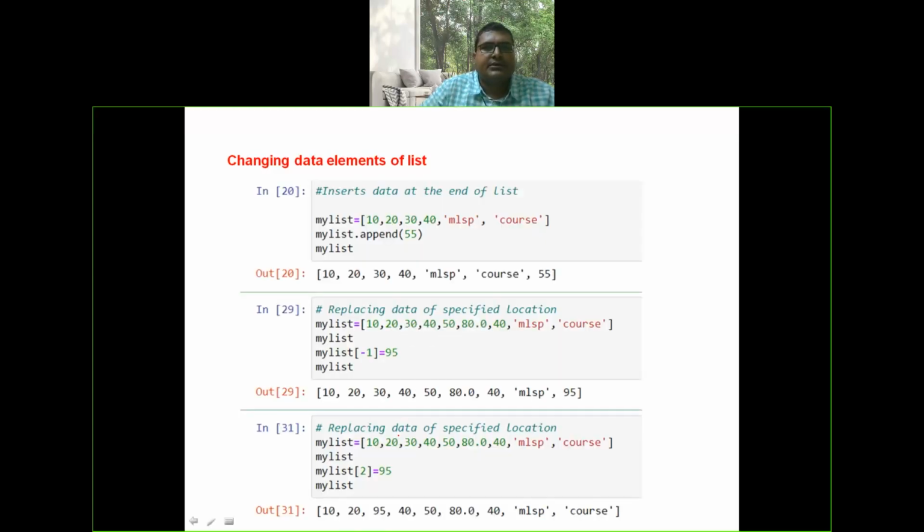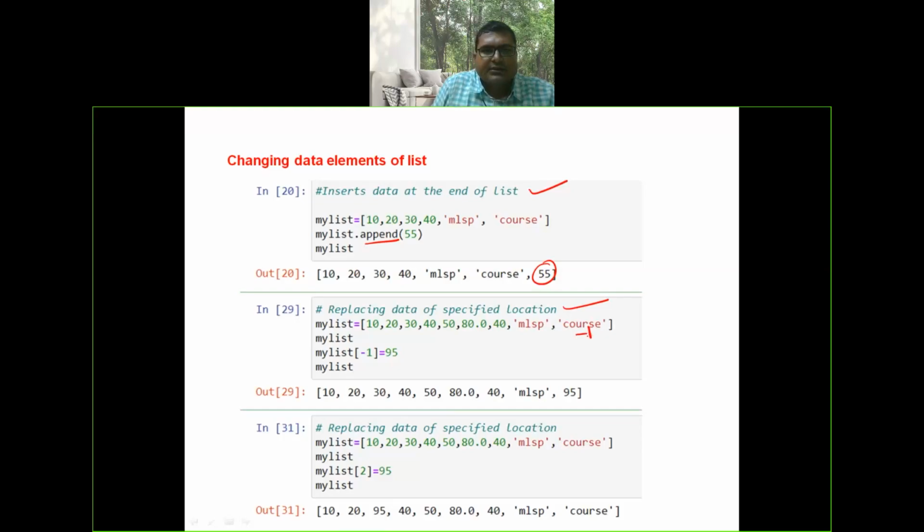Creating elements of a list. We can insert a list element at the end with the help of the append command. my_list.append will include the list element at the end. Replacing data at a specified location: just now we discussed you can replace here.